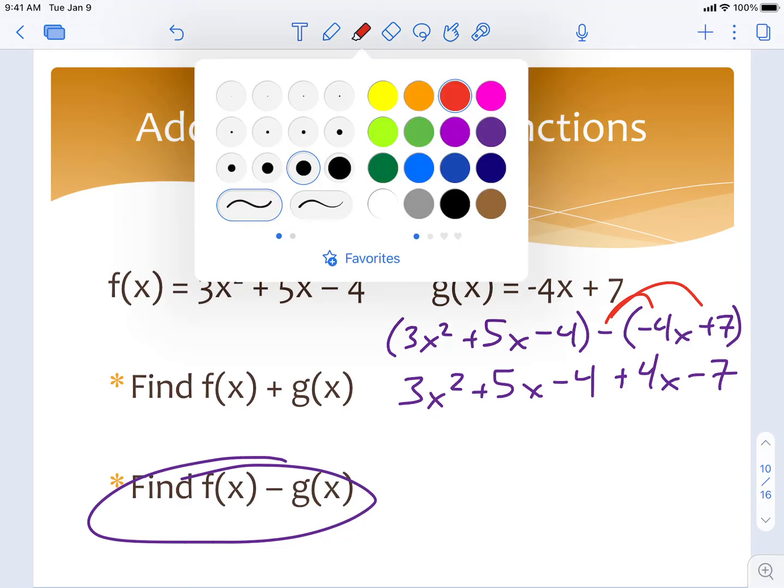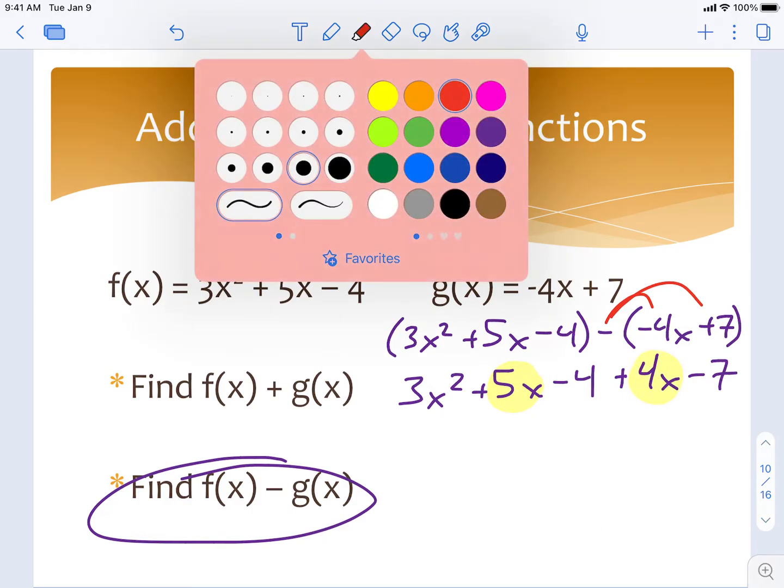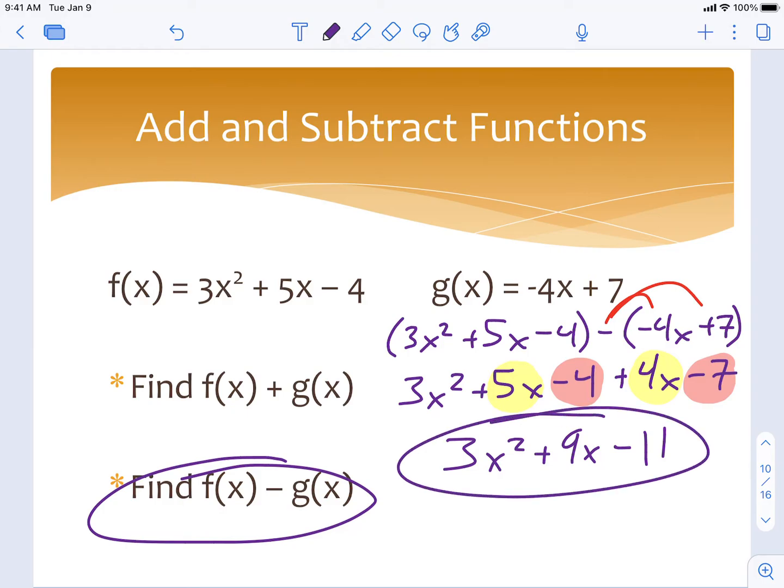So where are like terms? Again, it's going to be our x's, and it is going to be our plain numbers. And so this will result in a very similar looking answer, 3x squared. The x's become 9x, and then -4 minus 7 is -11, like that.